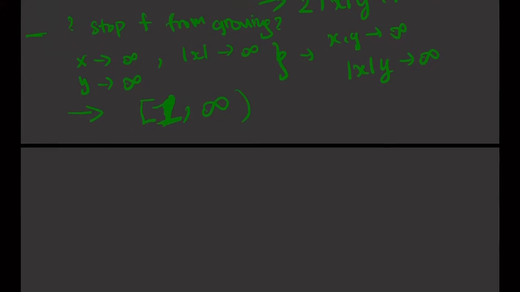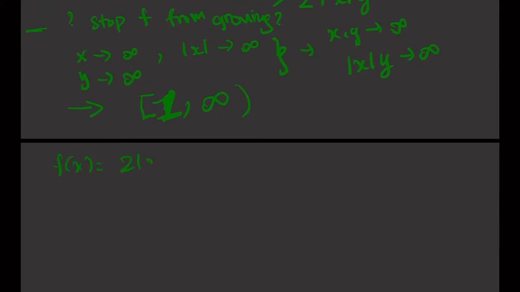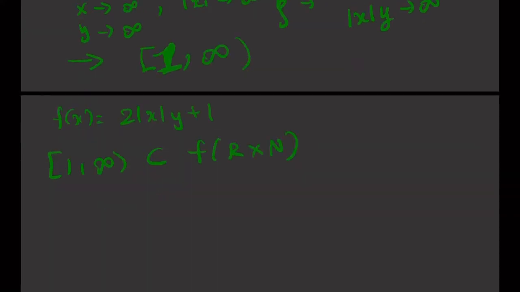And for the second part, you want to prove that the interval is a subset of the image, right? So when you have two inputs, normally you have to fix one. Why? Because we just need to show that there exists an input such that when you give the input in, it will give us the desired output. So I need to fix either x or y and write the other variable in terms of it.